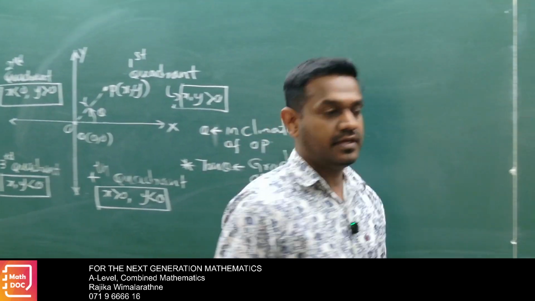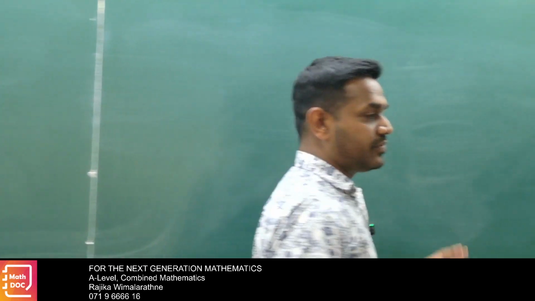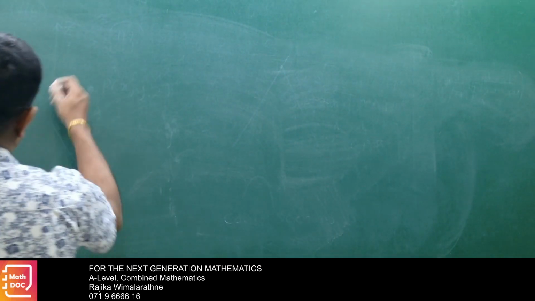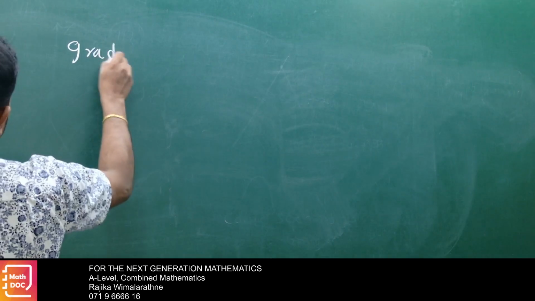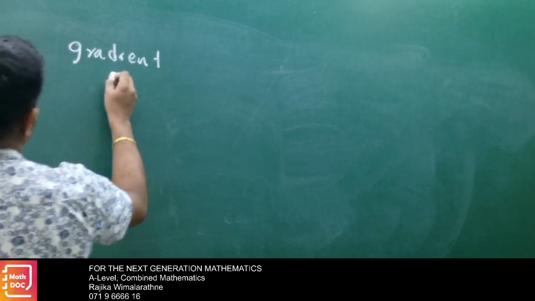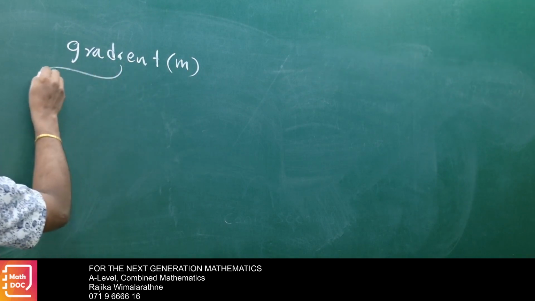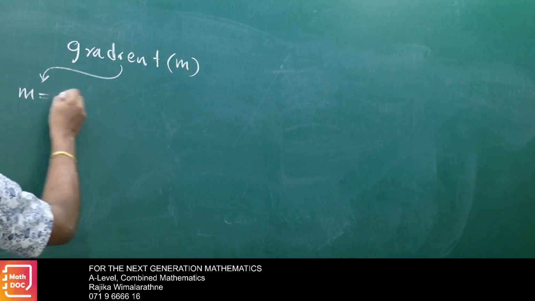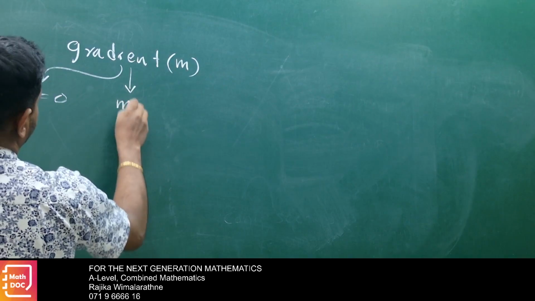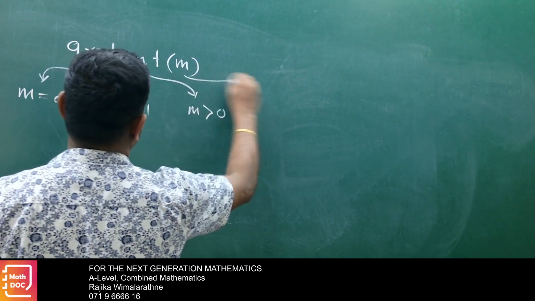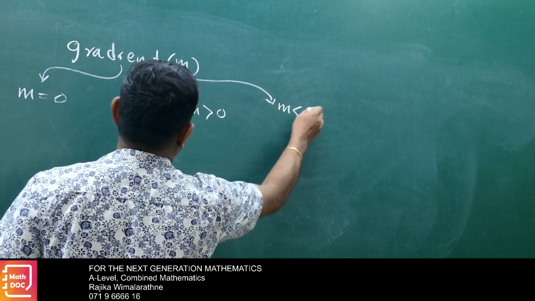Okay, now you come to this, sketch with me. Gradient we usually denote by m. So m can be 0, m special 1, m positive special, and m negative special.